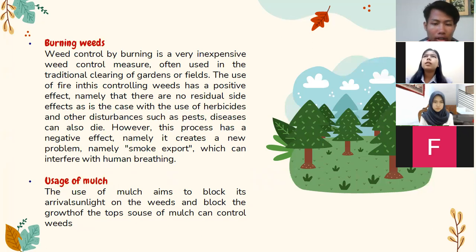However, this process has a negative effect, namely it creates a new problem, smoke exposure, which can interfere with human breathing. Usage of mulch. The use of mulch aims to block sunlight from reaching the weeds and block the growth of the top. Some sources of mulch can control weeds.